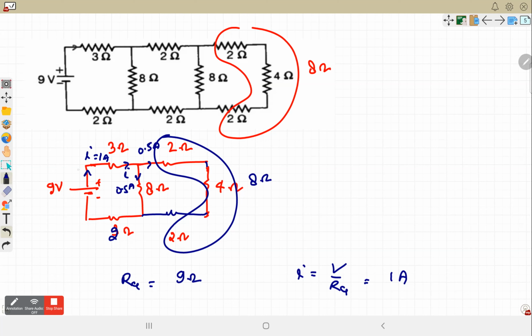And then this 0.5 will again get divided into these two branches, so this will be 0.25 and 0.25. So the options: in the 3 ohm the current is 1 ampere. In this 4 ohm, the current is 0.25 ampere, because it is identical.